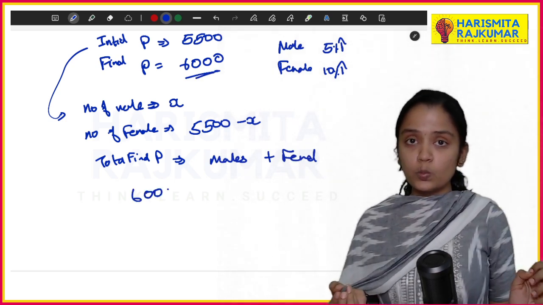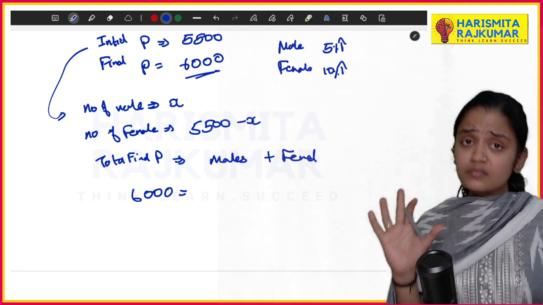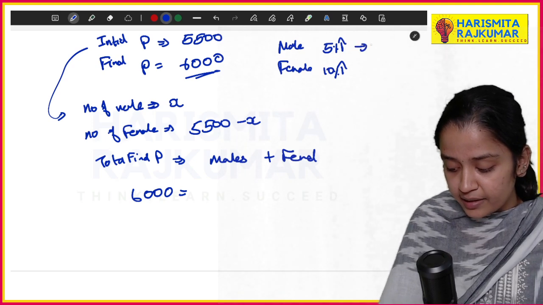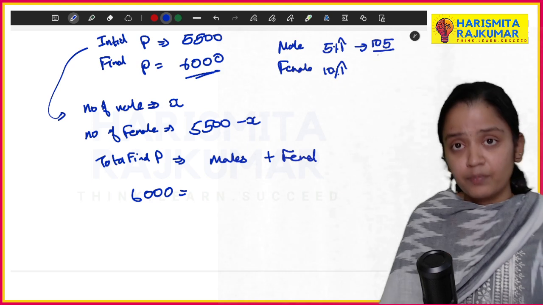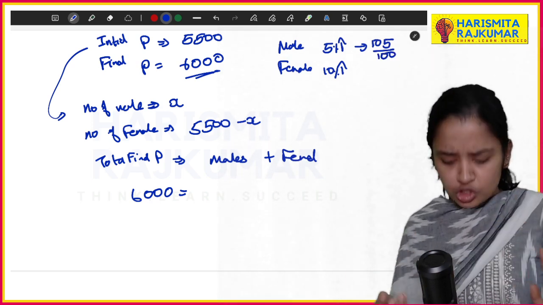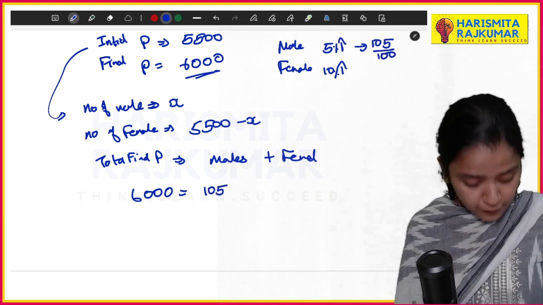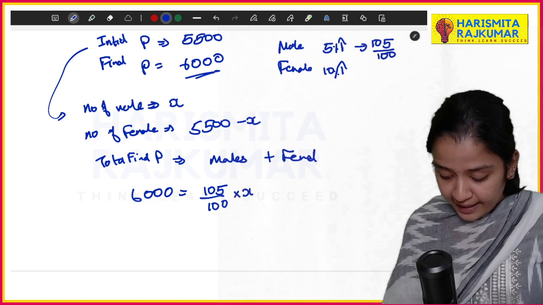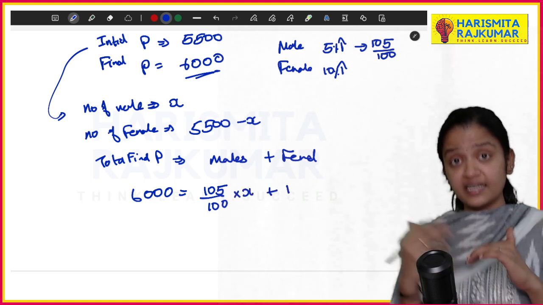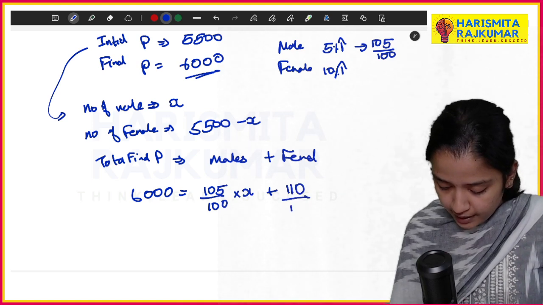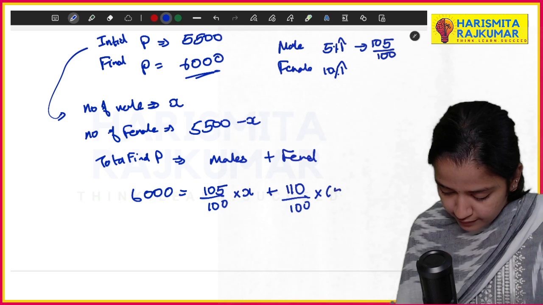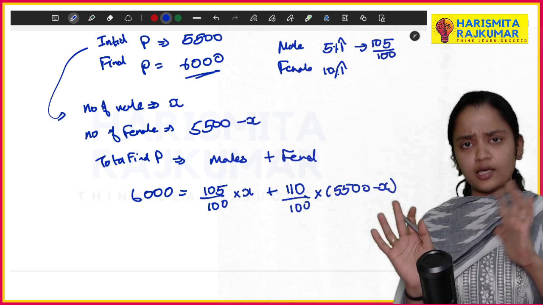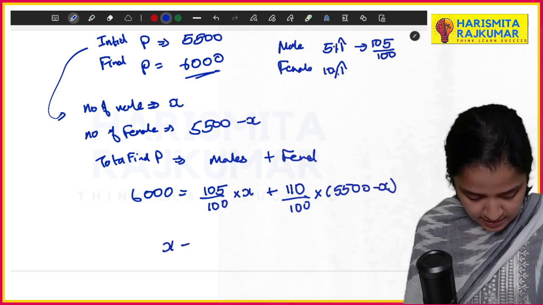So 6,000 will be equal to, 5% men has increased, so it is 105 by 100, because I'm assuming 100 as the original, into x, plus female, 10% is increased, so 110 by 100 into 5500 minus x. When I substitute everything and solve the equation, I'll get x as 1000.